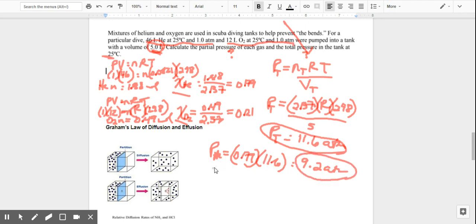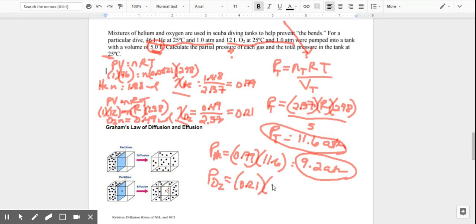Now, to solve for my other partial pressure, I could actually do two different things. One thing that I could do is take my mole fraction times my total pressure, or what should both of these pressures equal to be? Well, if I add both of these pressures, those should be 11.6. So I could potentially say 11.6 minus 9.2, or I could take the mole fraction, 0.21.